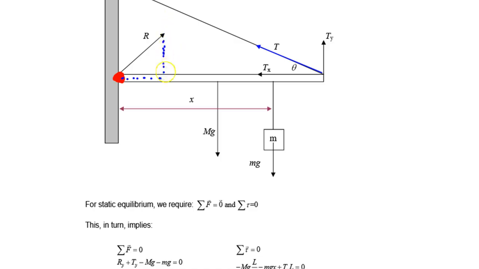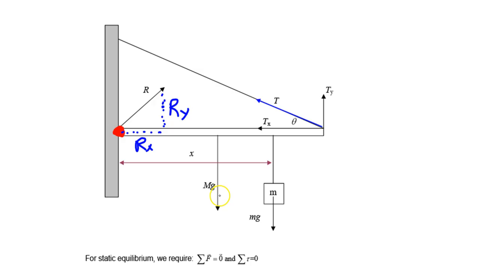Okay, so you would have the component Rx here and Ry here, and also Ty and Tx, and the force of gravity pulling down on this object, which is recognized here. And then you also have this other object that is being hung from this particular location.